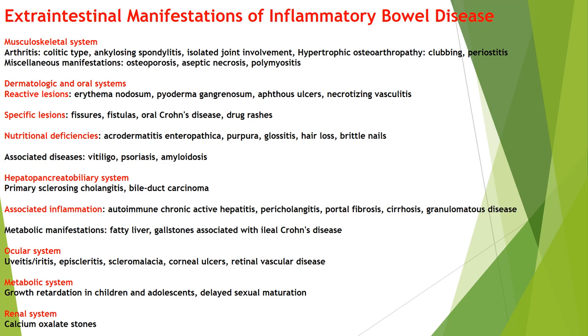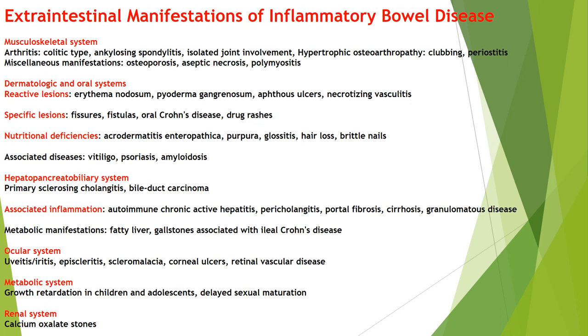It can affect the eye, like uveitis, iritis, episcleritis, scleromalacia, and so on. Or it can present with growth retardation in children and adolescents and delayed sexual maturation, or it can involve the renal system and calcium.